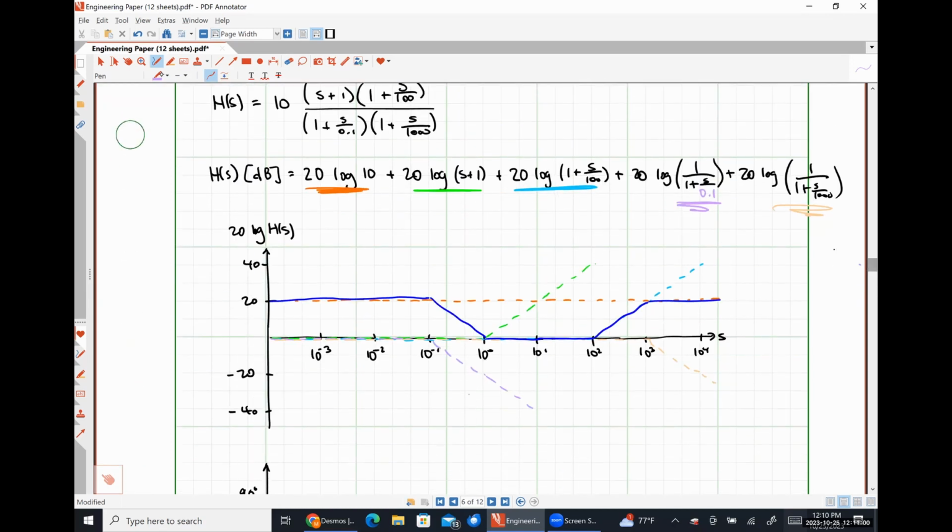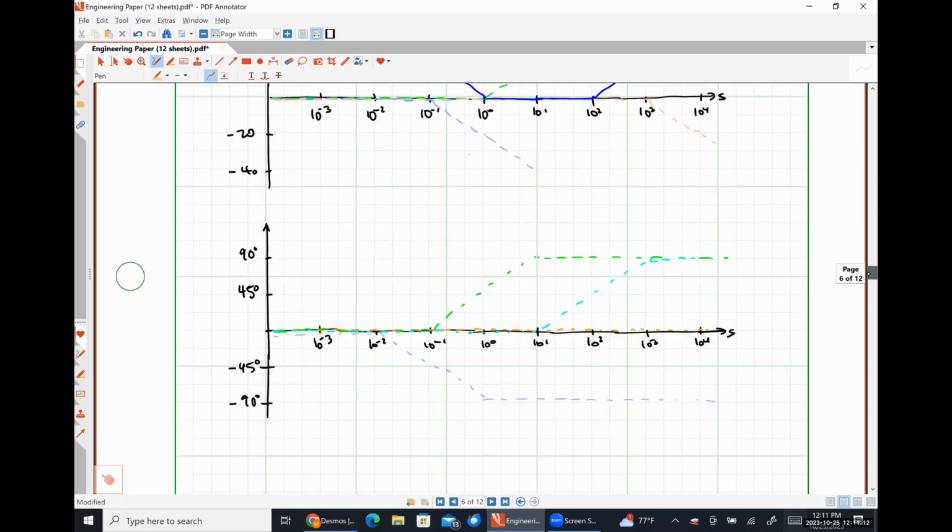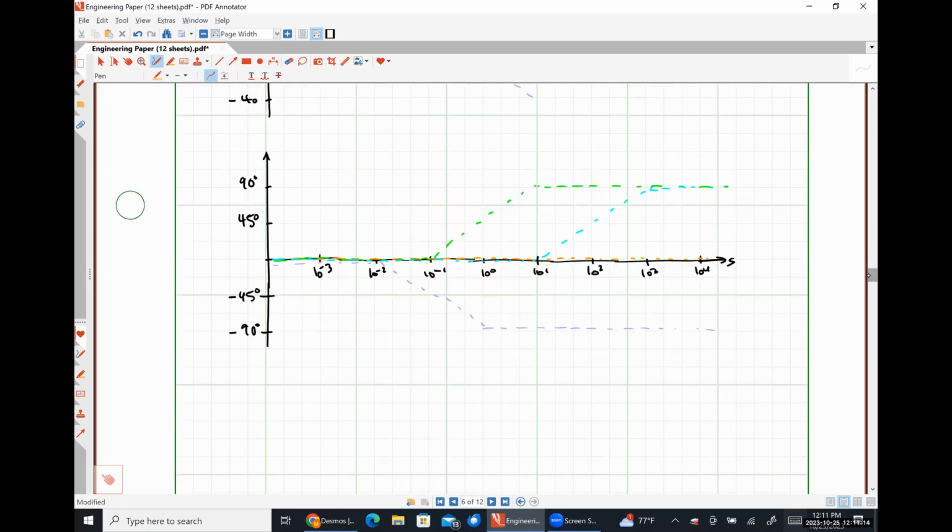And then for my last term, at 10 to the 2, it should be 0, and at 10 to the 4, it should be negative 90. Now I just add all these things together.